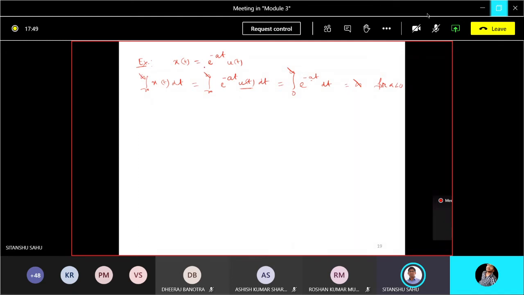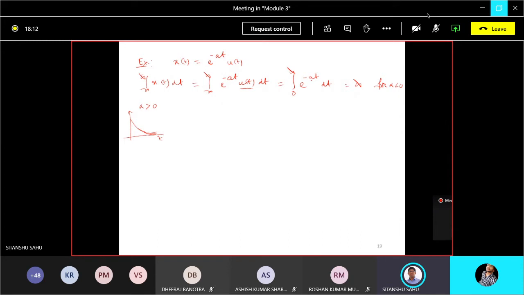Now if a is greater than 0, then e to the power minus at is a decaying function. The curve will be like this, a decaying function going on like this.